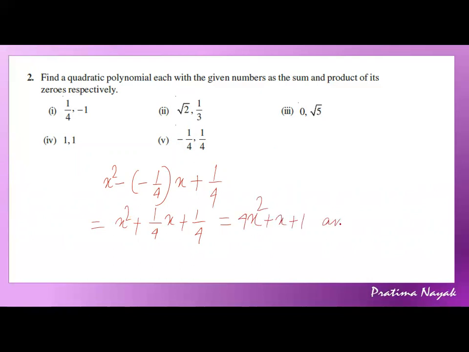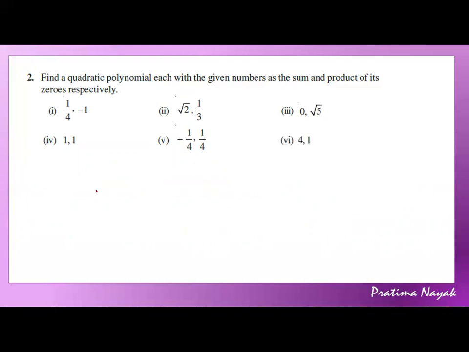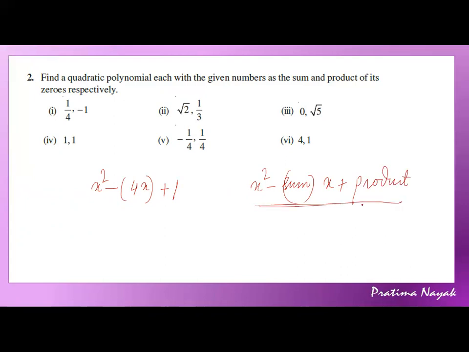Answer. Last one, it will be x square minus 4x plus 1. So you should remember x square minus sum into x. While writing, you go on writing the format so that it can be remembered permanently. No need of writing or remembering during the examination. So x square minus 4x plus 1 is the quadratic polynomial for the sixth part.